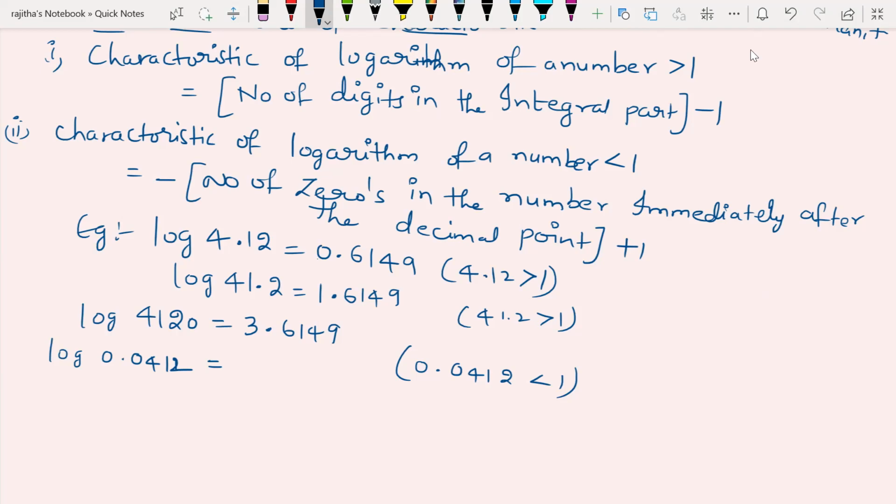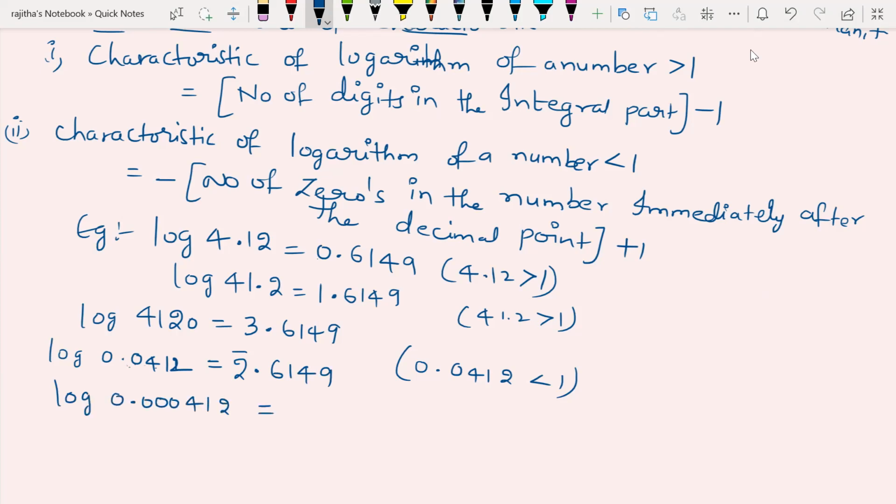Immediately after the decimal point, here there is 1 zero, so minus 2. So it is 2 bar point 6149.